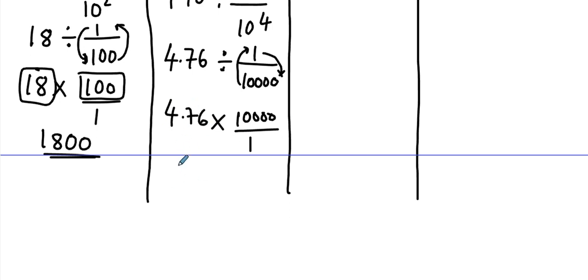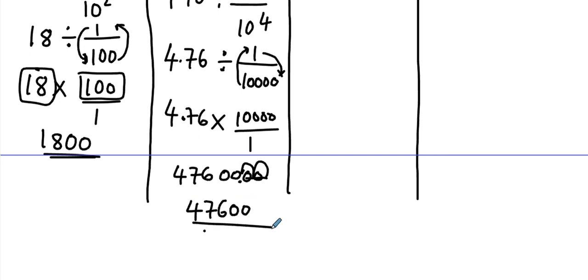You ignore the decimal point and put the numbers next to each other, and then count. There are 2 decimal places over here, so count 2 numbers, 1, 2. The decimal point will be here. Cancel these zeros, and the answer will be 47600.